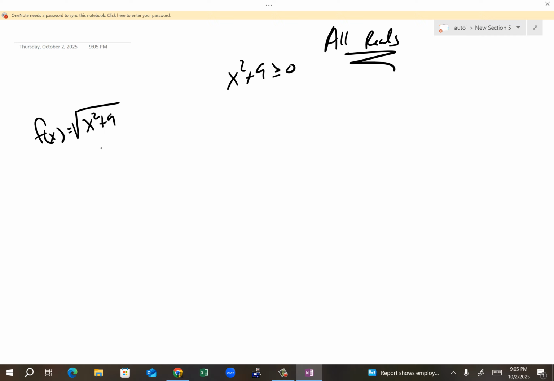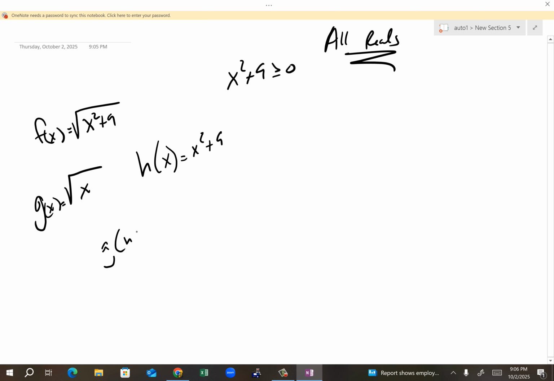Right? So that means you have a function, let's call it g of x, which is square root of x. And you've got some h of x, which is x squared plus 9. Look what you've got. You've got g of h of x, yes? Is equal to the square root of x squared plus 9, right?